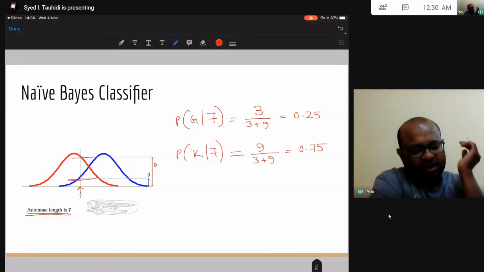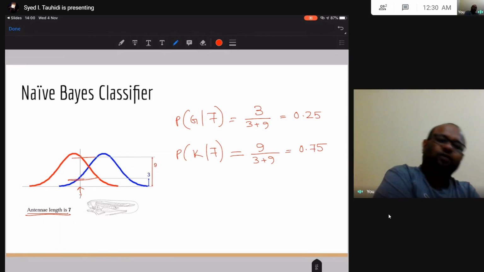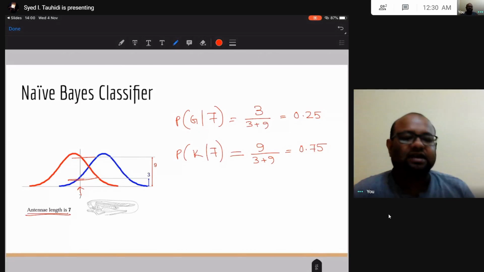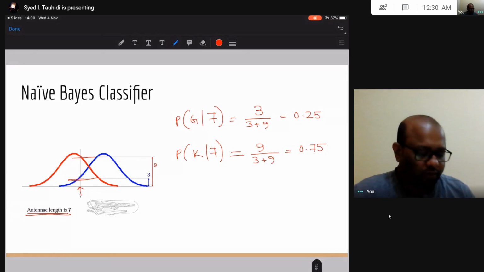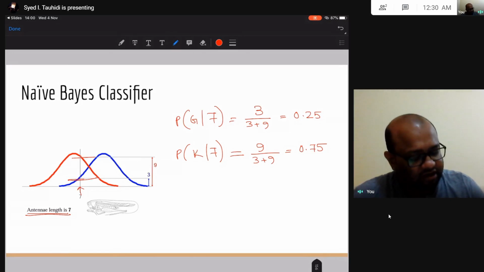So given antenna length equal to 7, the probability that the insect is a grasshopper is 0.25, and the probability that the insect is a katydid is 0.75 or 75%. Now I am 75% sure that the insect is a katydid, and 25% sure that it is a grasshopper. So the classification that I am going to do is I am going to say that the insect is a katydid.